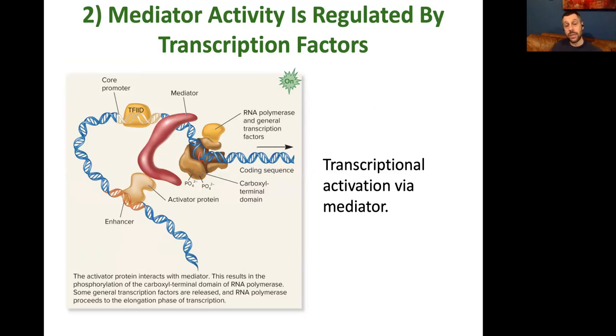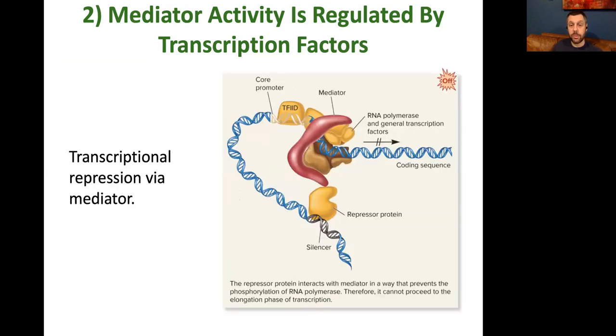It should then not really come as a shock that if there's a silencer DNA sequence that is recruiting a repressor protein, basically RNA polymerase is not phosphorylated. In this case, the repressor protein talks to the mediator and tells it, don't phosphorylate RNA polymerase, and then the gene will not be transcribed.